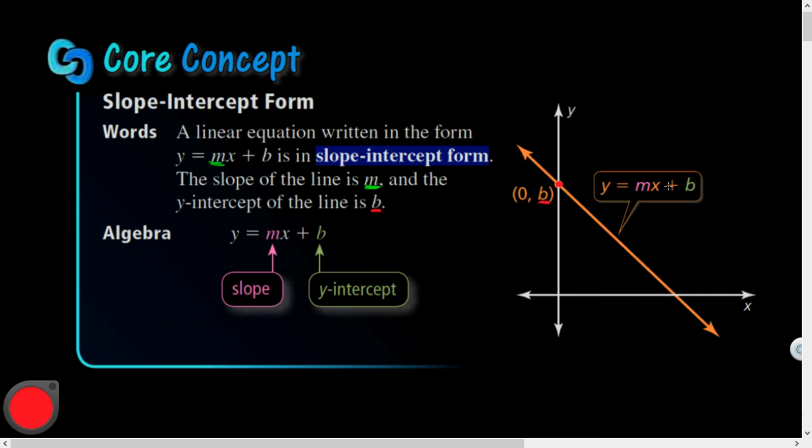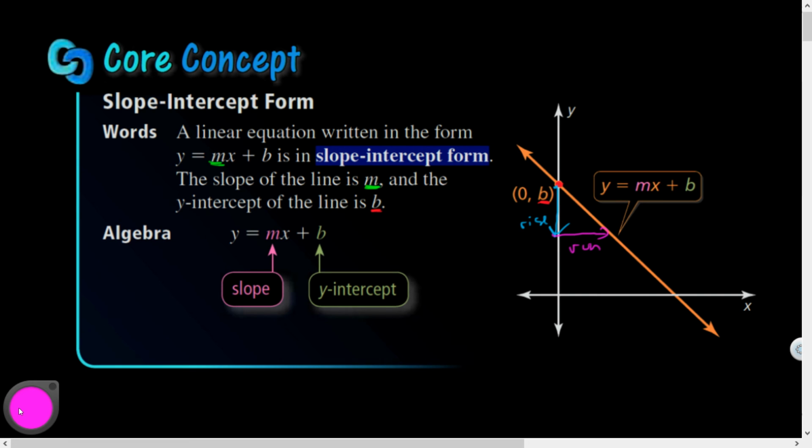All right, and those are the two components that we're going to be looking for that are going to help us out. So the m represents the slope, which in case you don't remember is the rise over the run. Rise over the run. So this one would have a rise, and this one would have a run.